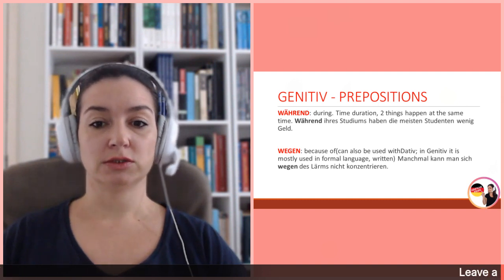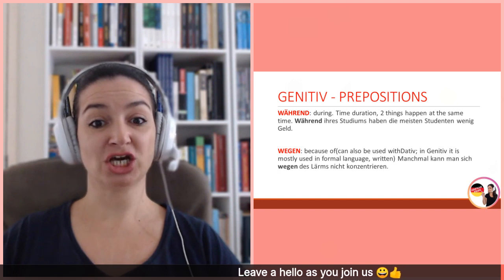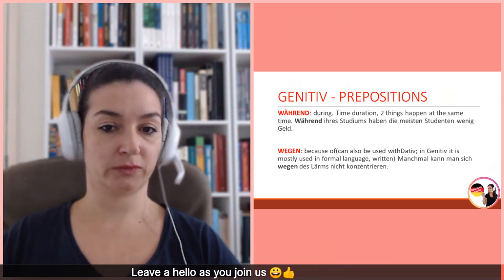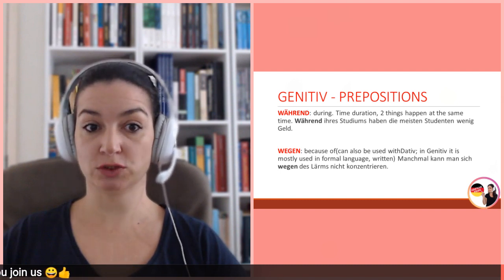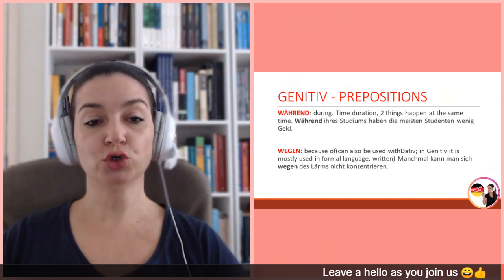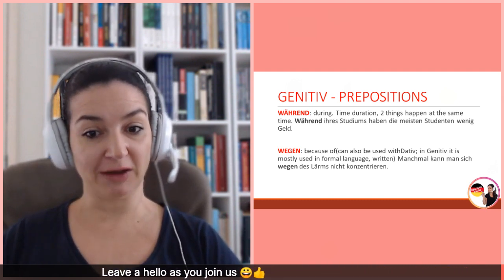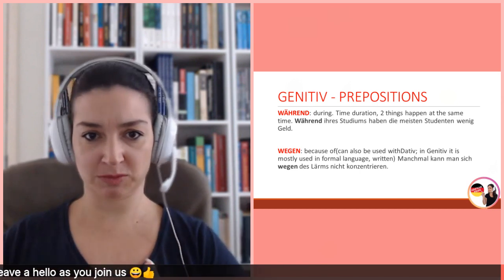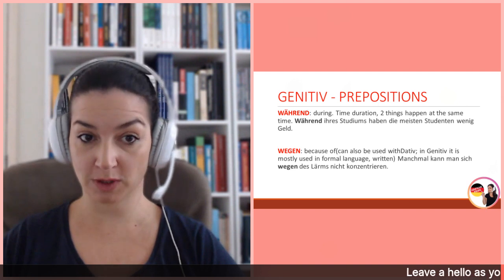So sometimes it's difficult to concentrate because of the noise. Pay attention: während, wegen, the two most used prepositions that require genitive. If you remember nothing else from this lesson, please just remember these two prepositions.